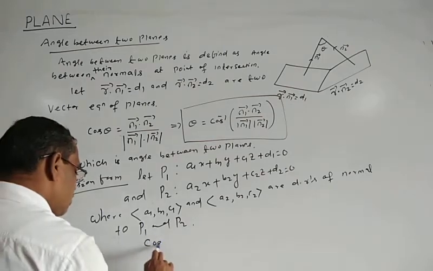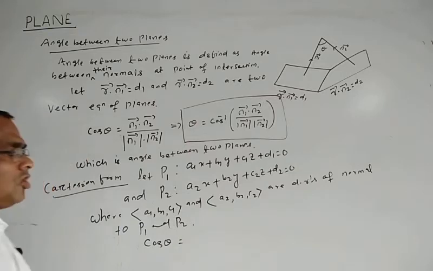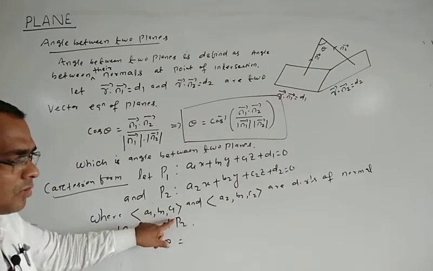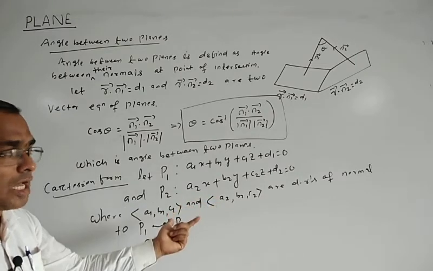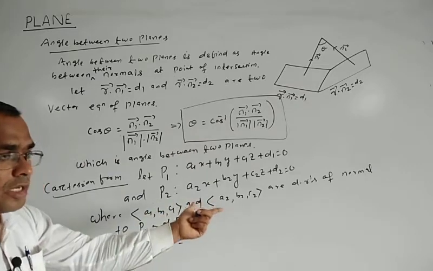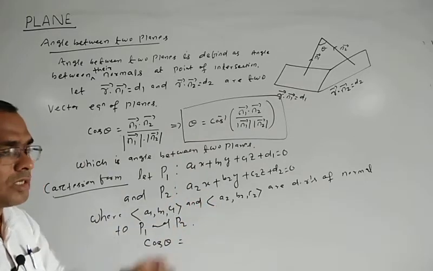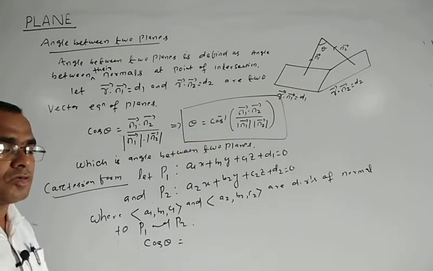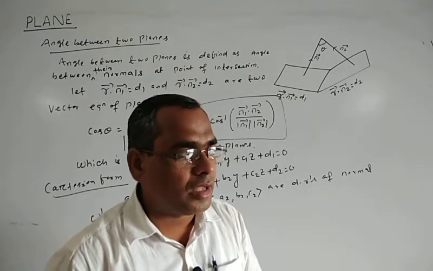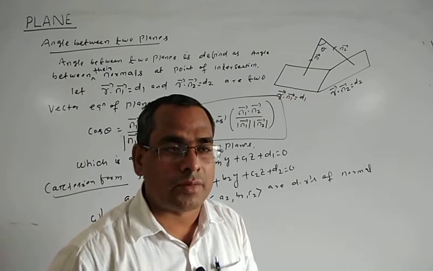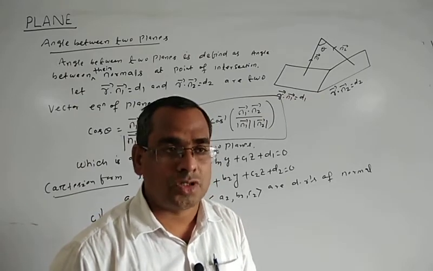So cos theta: the direction ratios of the normal to the first plane are A1, B1, C1 and of the normal to the second plane are A2, B2, C2. What will be cos theta? So cos theta is equal to A1 A2 plus B1 B2 plus C1 C2, because n1 vector is equal to a1 i cap plus b1 j cap plus c1 k cap, and n2 vector is equal to a2 i cap plus b2 j cap plus c2 k cap.